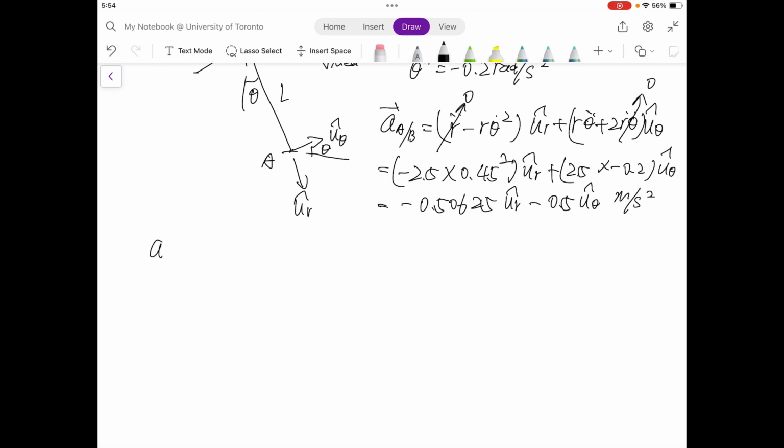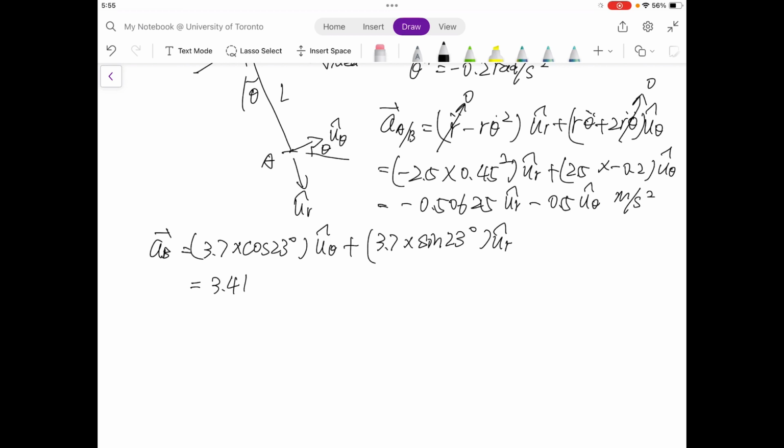So it is equal to 3.7 times cosine 23 degrees Uθ plus 3.7 times sine 23 degrees UR, which is equal to 0.41 Uθ plus 1.44 UR meters per second squared.